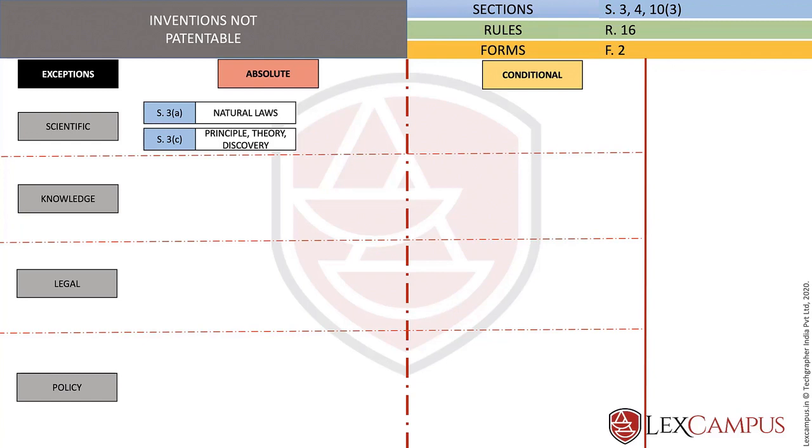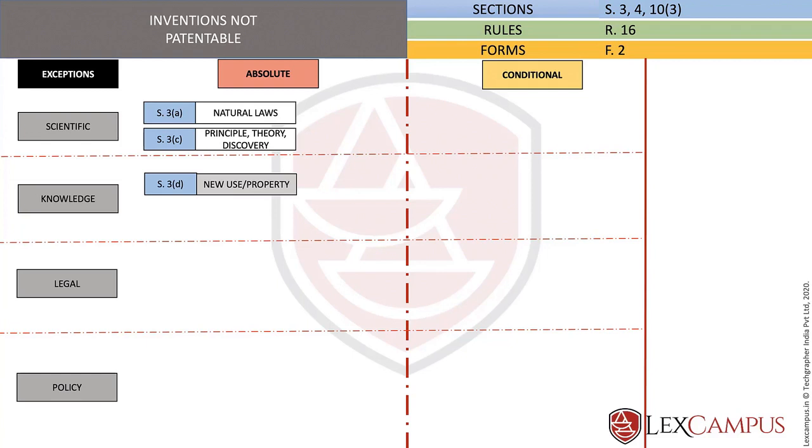The human beings do discover, but it already existed in nature. Theories like E is equal to mc square, it may get a person awards and prizes, but still it's not patentable because there is no practical application of it. When you practically apply it, the applied part is patentable, but not the theory itself. And principles, because they are common knowledge, it's science which belongs to everyone. Basic science cannot be patented.